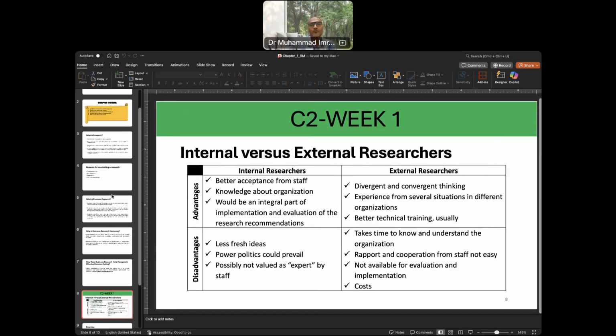Okay, internal versus external researchers. What's the meaning of internal and external researchers, by the way? We are going to hire a researcher from inside our company. Our employee can be the researcher who can work to solve the problem. Maybe our company is facing some problem, maybe our sales are decreasing day by day.